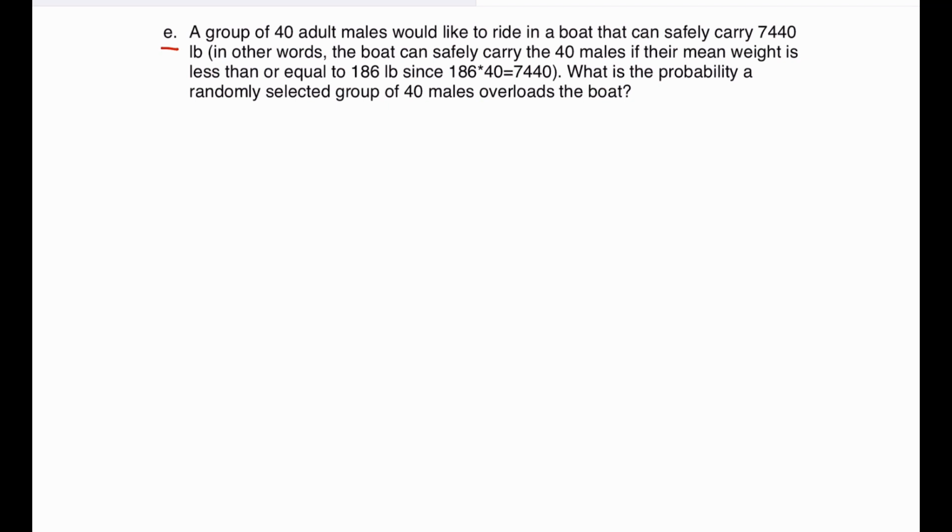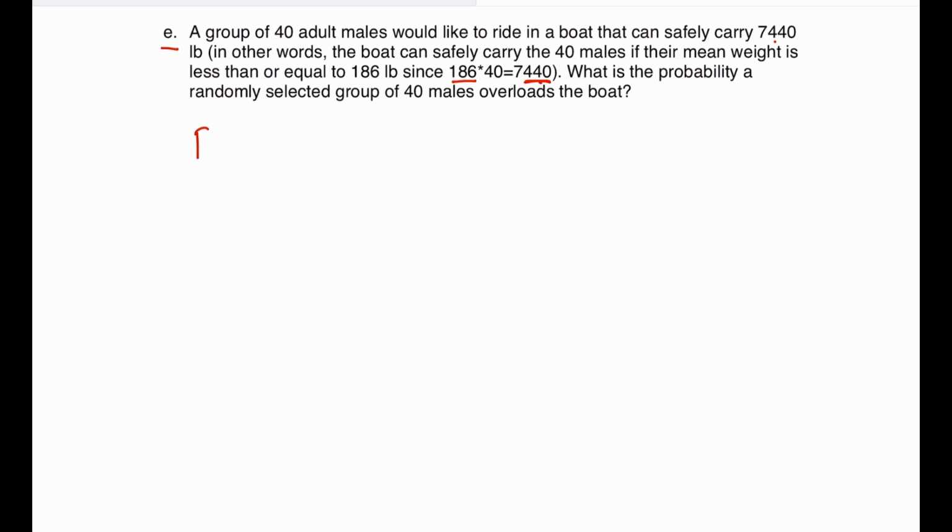So that's just because 186 times 40 gives me 7,440 pounds. So as long as the mean weight of the males is less than or equal to 186, they should not overload this boat. The question is, what is the probability a randomly selected group of 40 males overloads the boat?